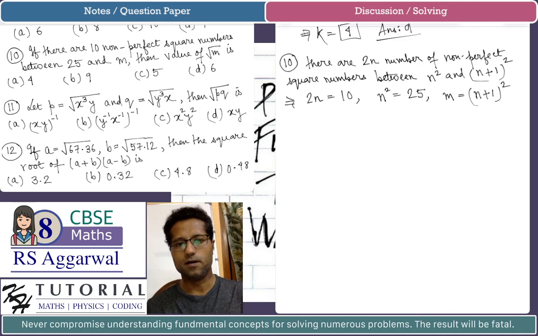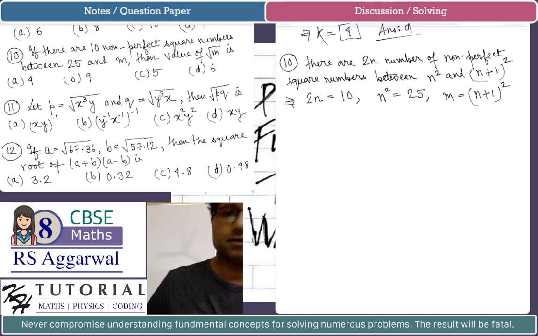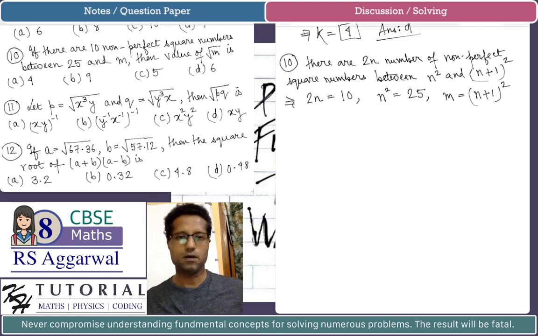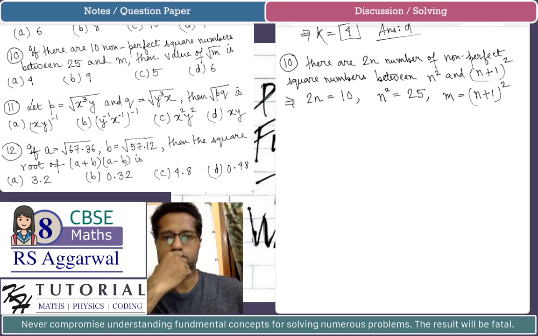So we can correlate and say that 2n must be equal to 10, if we want to find n.